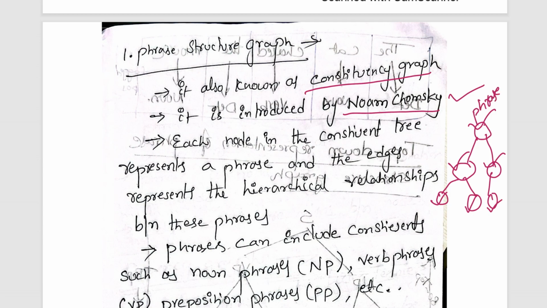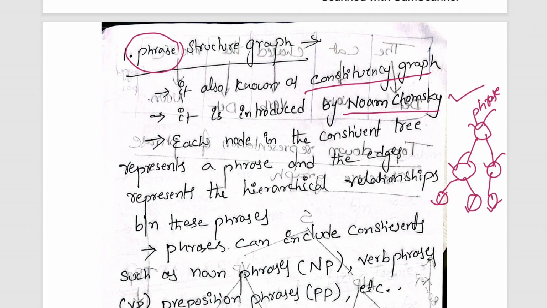So the name itself you will understand. Phrase structure graph means the nodes we are representing using the phrases. A phrase is nothing but what? Maybe a noun phrase, or a verb phrase, or a preposition phrase, like that.